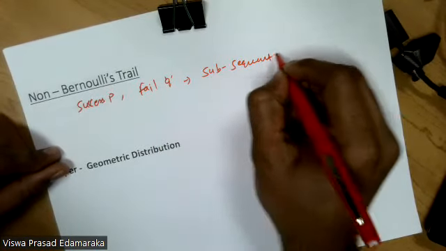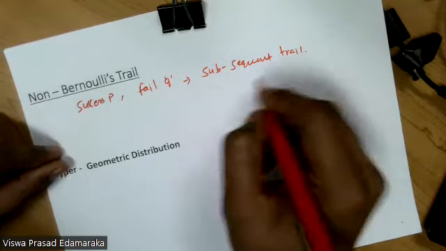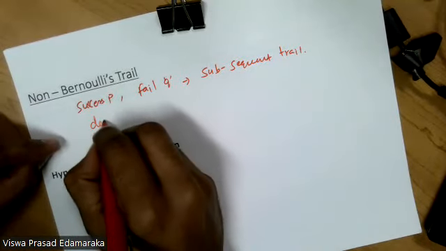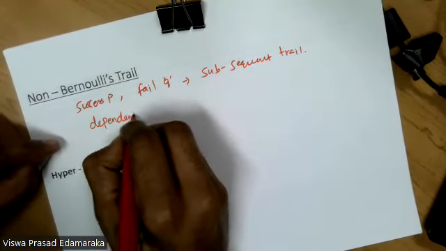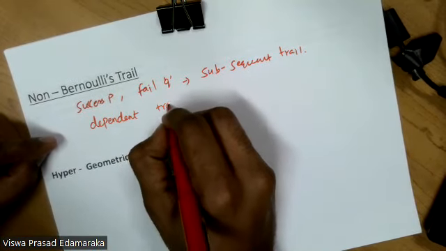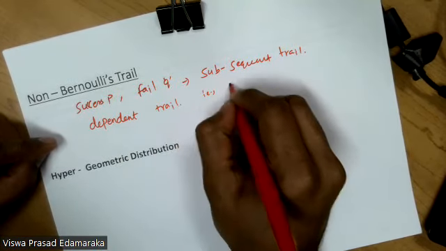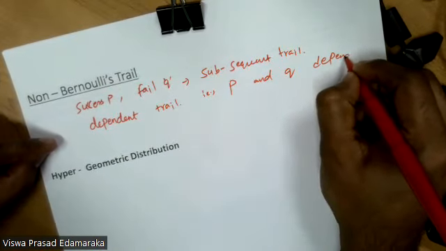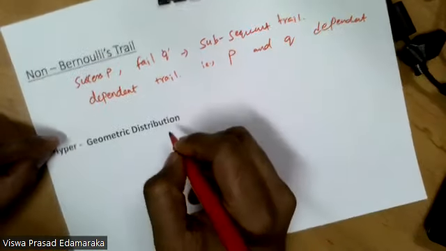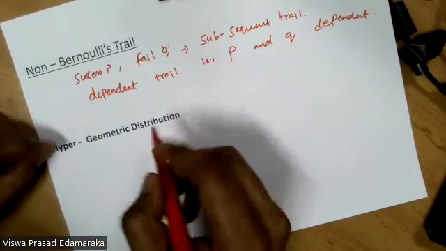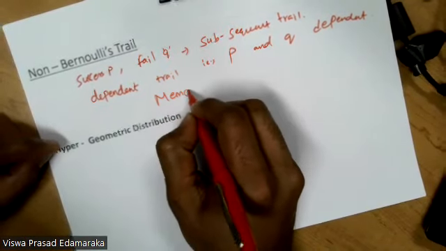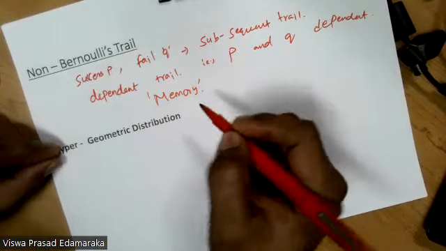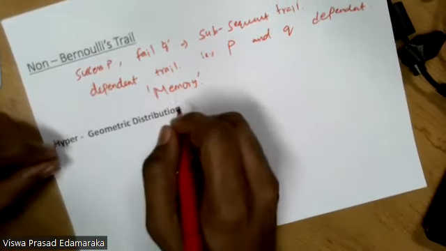Subsequent trials are dependent on the previous one. That is, P and Q are dependent. So it requires memory. It depends on the outcome of the previous one.